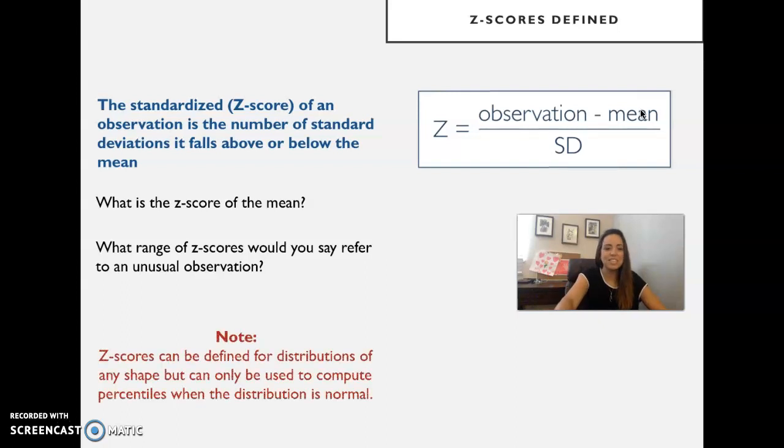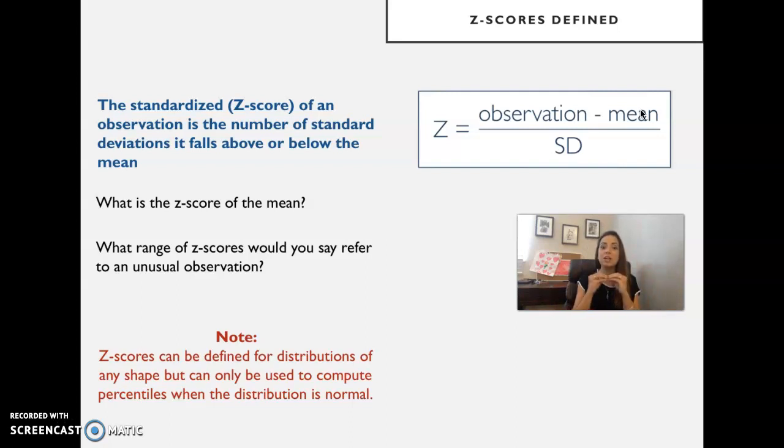Very good. Note, Z-scores can be defined for distributions of any shape, but can only be used to compute percentiles when the distribution is normal, because it's only when the distribution is normal that the 68, 95, 99.7% rule applies, right?